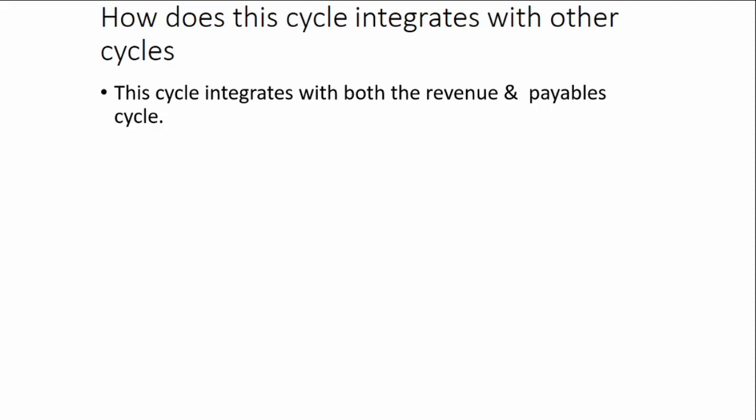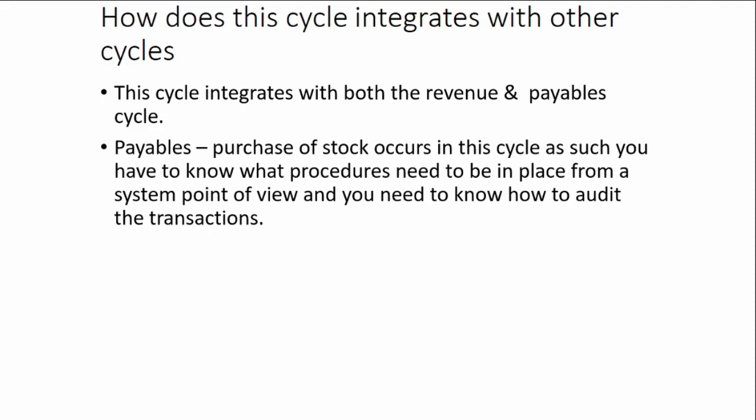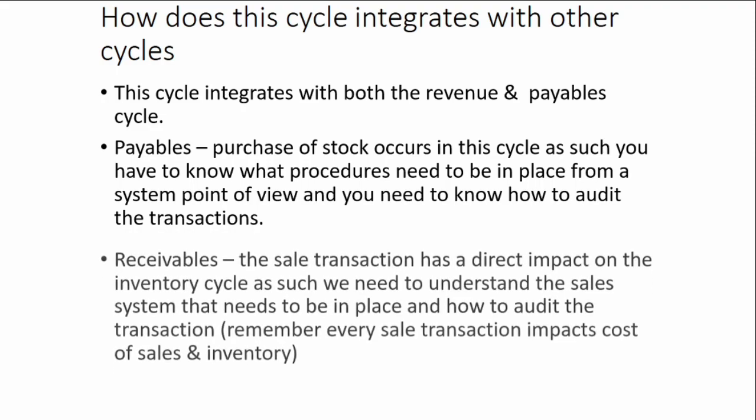So basically the payment cycle, which is where we deal with creditors, is the cycle that produces inventory as basically its final product, and that feeds into the inventory cycle. The receipts and revenue cycle is a cycle that then sells these products on to our customers. So that decreases the inventory balance in the cycle.